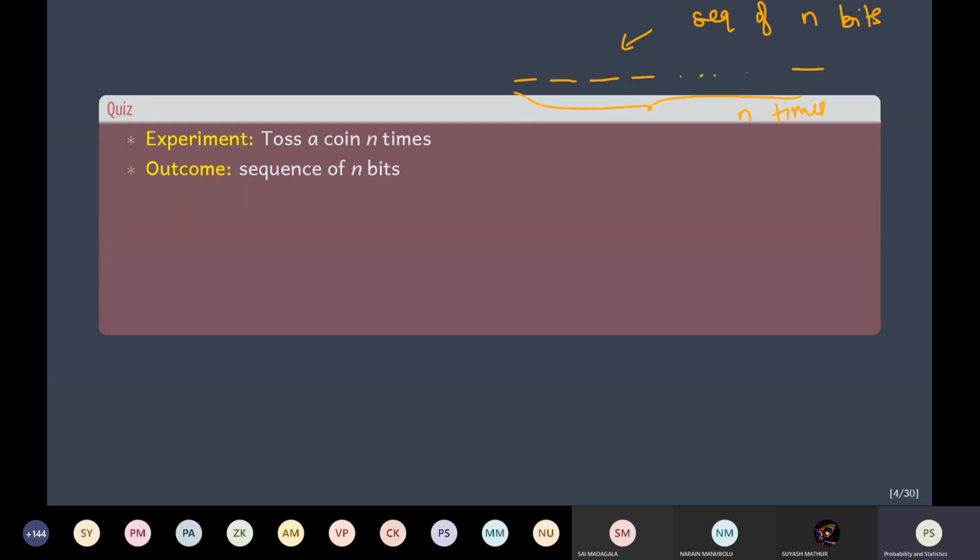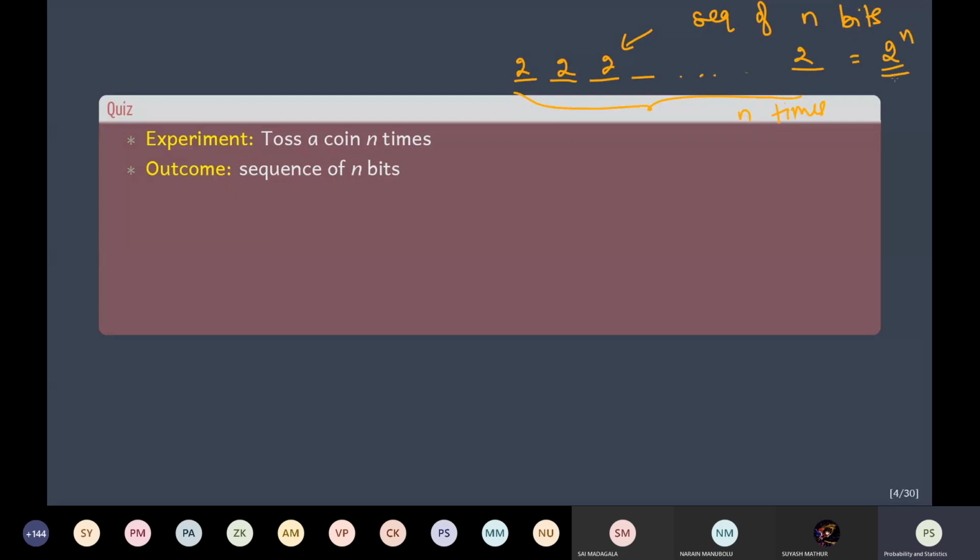So the total number of outcomes, what do we get in this case? It's either head or tail. At the next step, if I toss the coin, it's again head or tail. So again, the possibilities are 2, 2, 2, and so on. So it's 2 to the n.